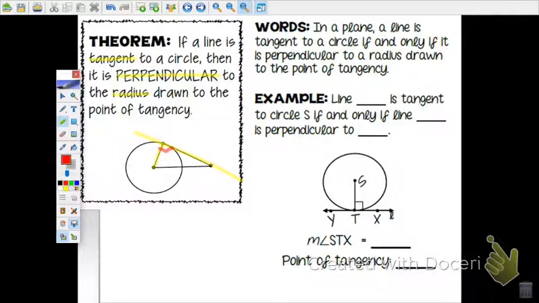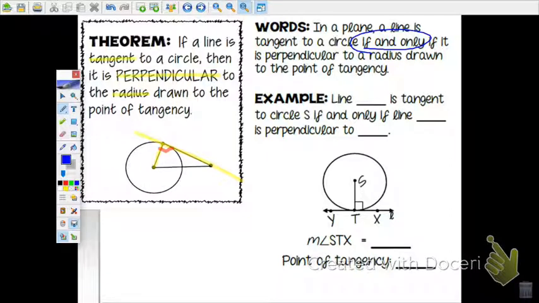When you open up that flap, it again talks about that theorem. It says, in a plane, a line is tangent to a circle if and only if it is perpendicular to a radius drawn to the point of tangency. When you see those words, if and only if, that means that it works both directions.